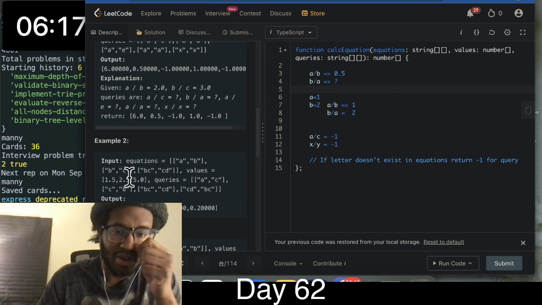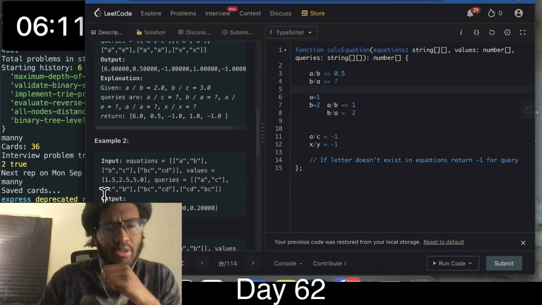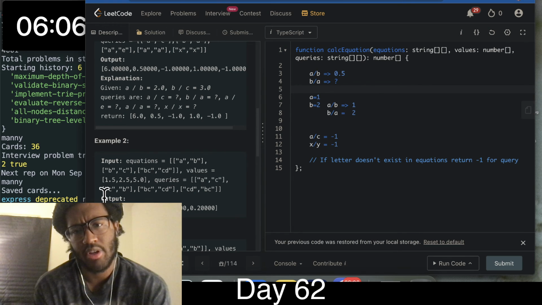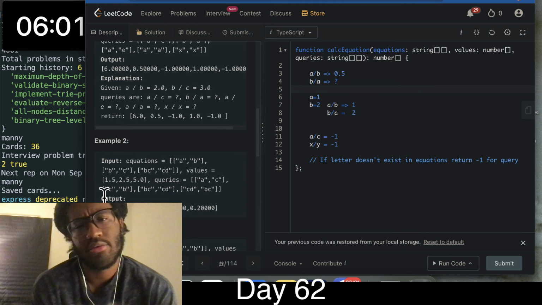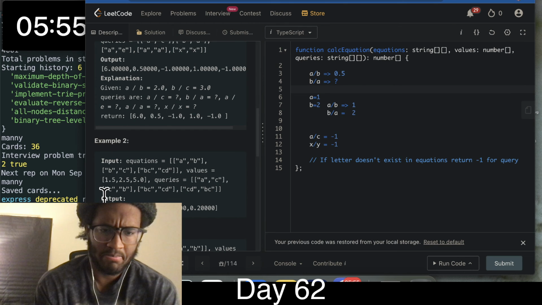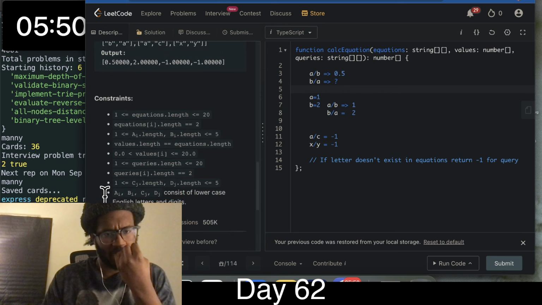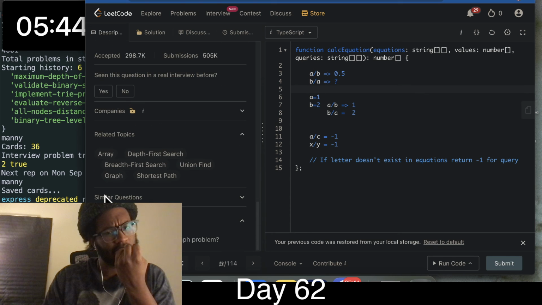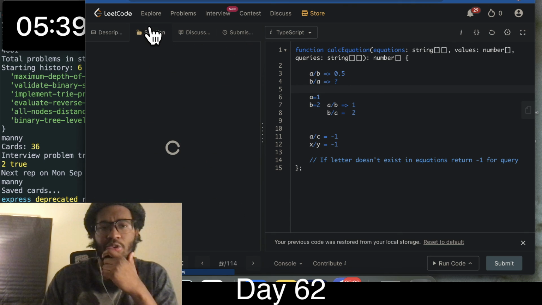So when we have 2.5, when we have c and b, right, the answer is not 5. Yeah, I don't get this one.